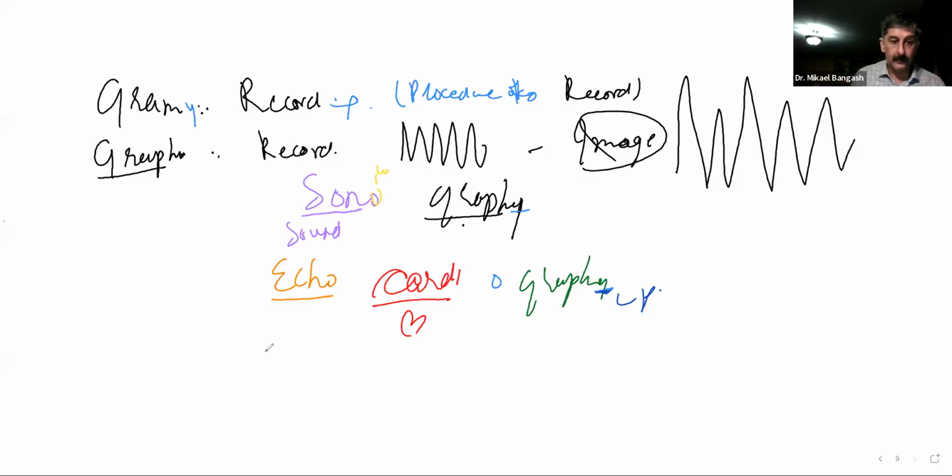A recording of the electrical signals in the heart. What I'm talking about is images where we can see a structure. It's called a radiograph.